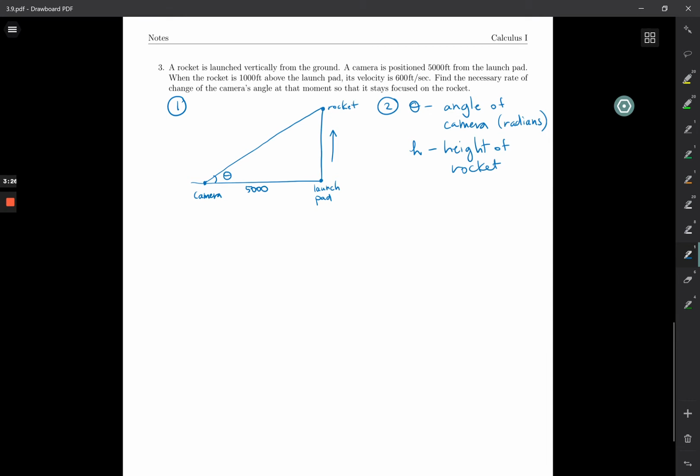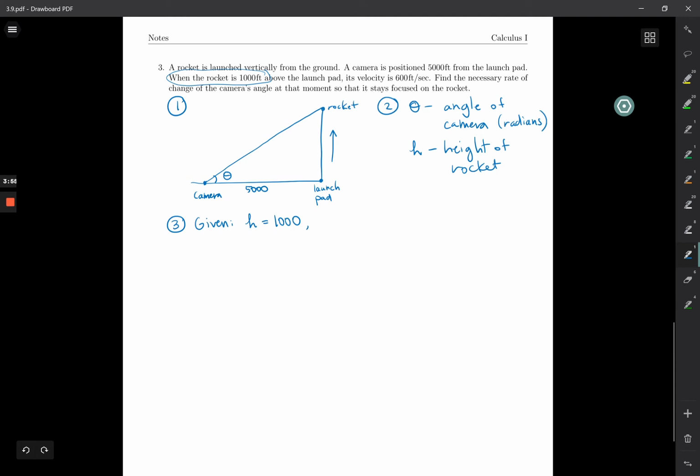Okay, next, we write down what we're given and what we want. So we're given in the problem, let's go through here. This is already on our diagram, so we'll skip that. When the rocket is 1,000 feet above the launch pad, that's saying that the height of the rocket is 1,000 feet, so that's one piece of information.